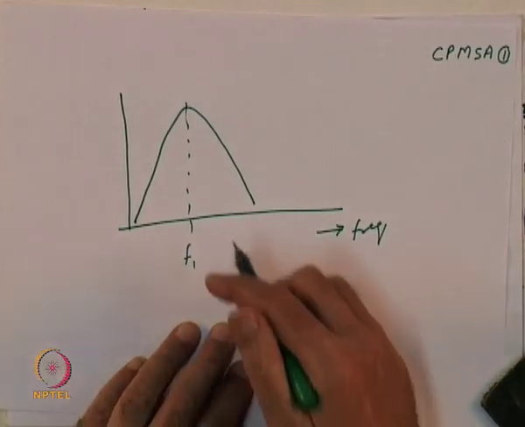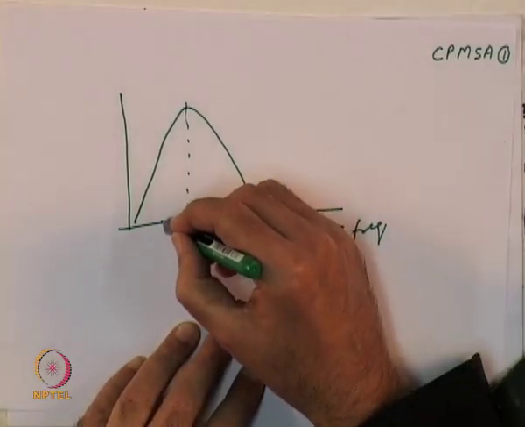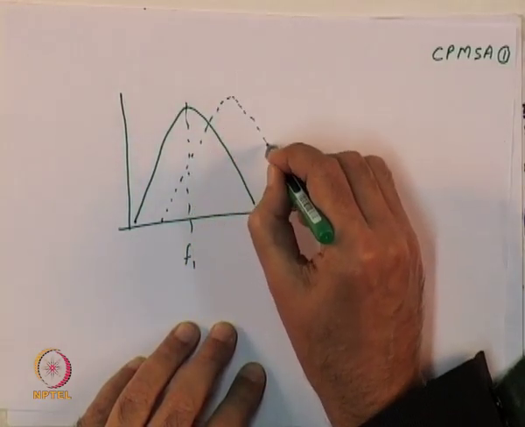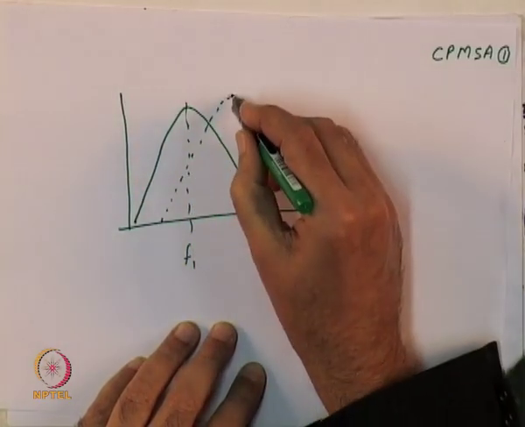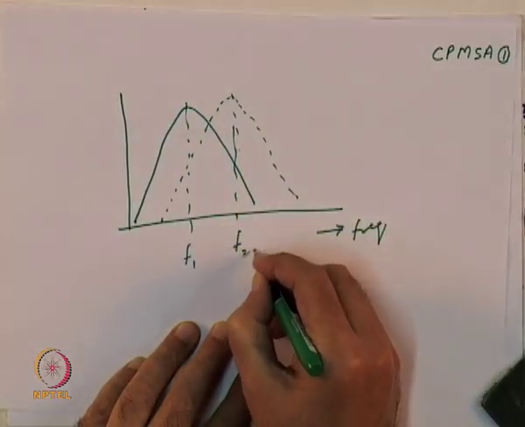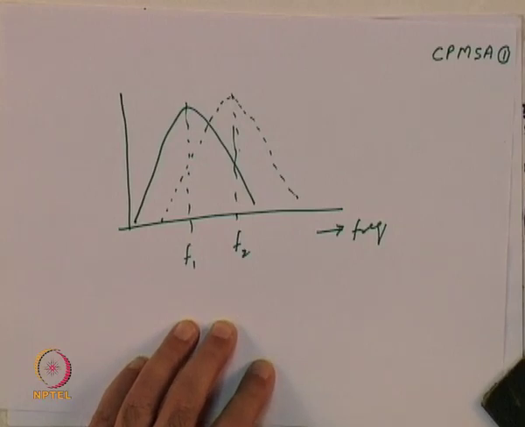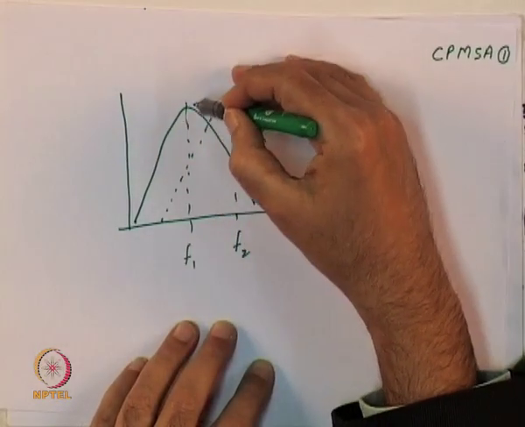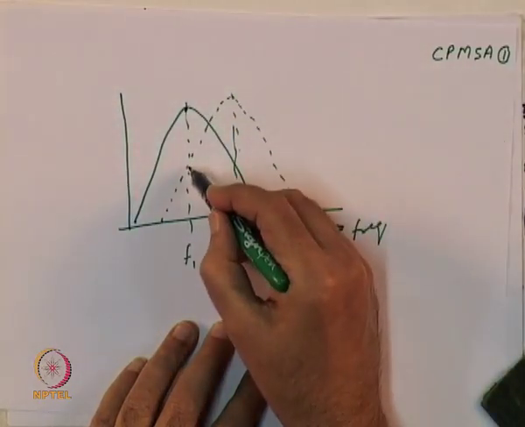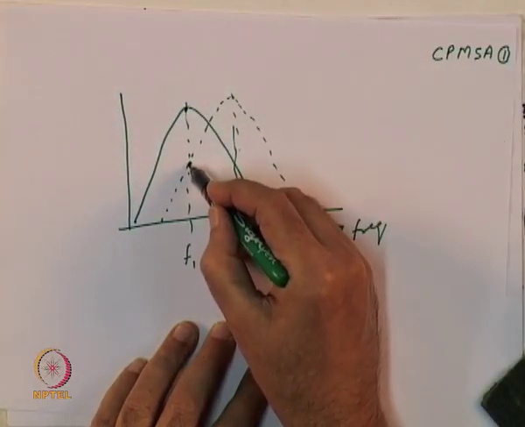Now, corresponding to length L2, this is the resonance curve for F2. If you look at this curve, when this patch is resonant at F1, the corresponding value of F2 is very, very small.